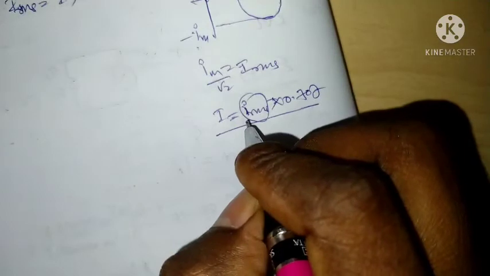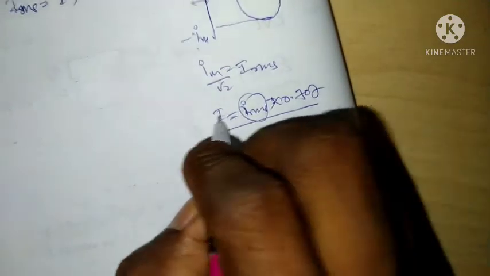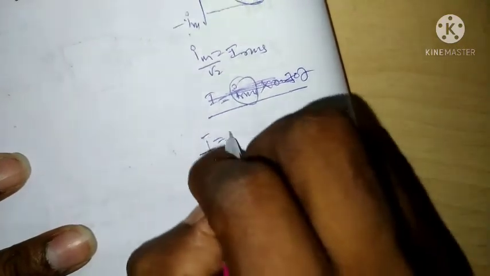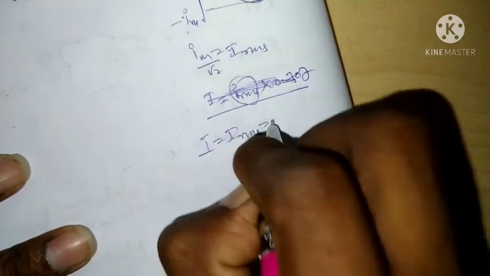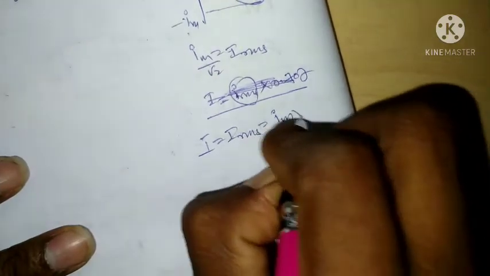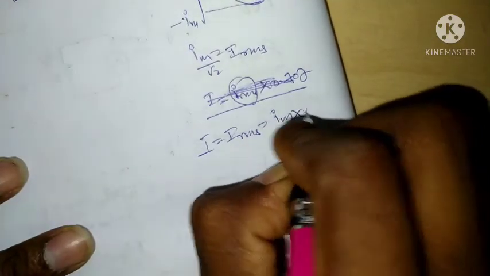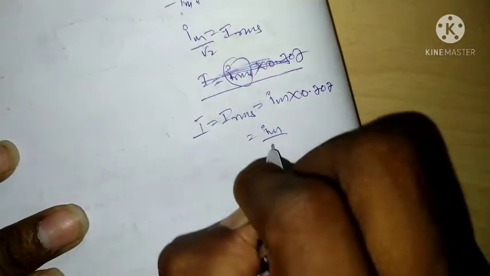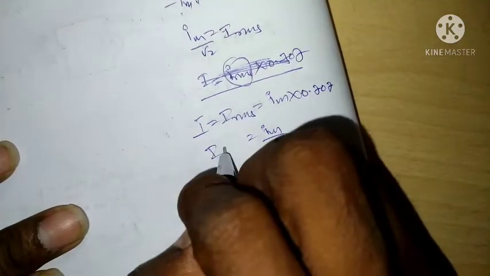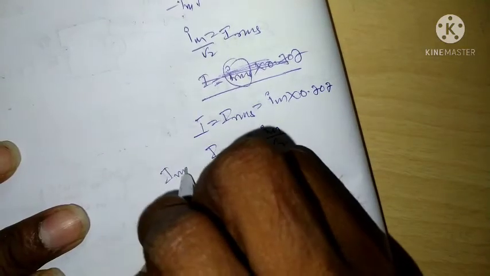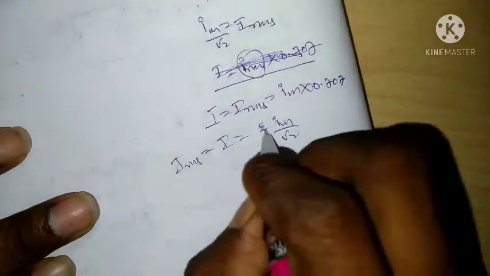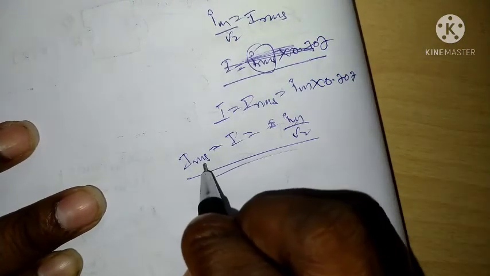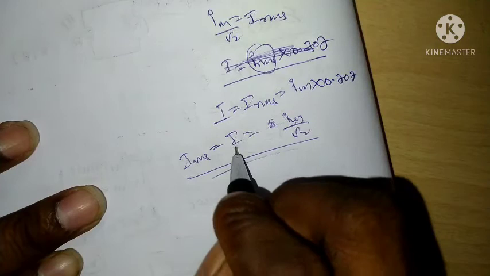IRMS is equal to the maximum current into 0.707, that is Im by root 2.